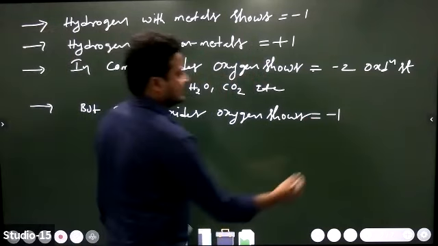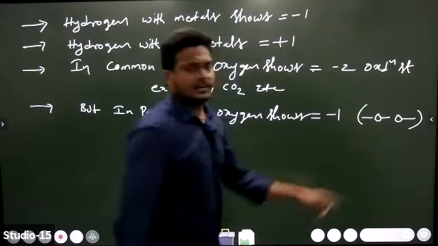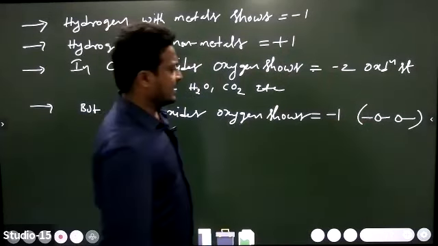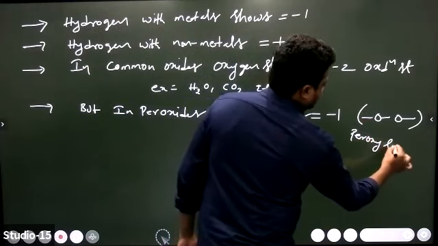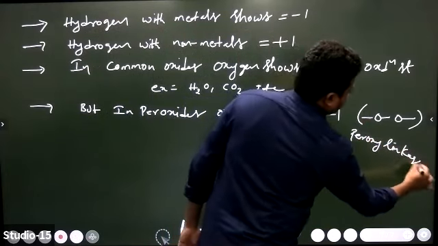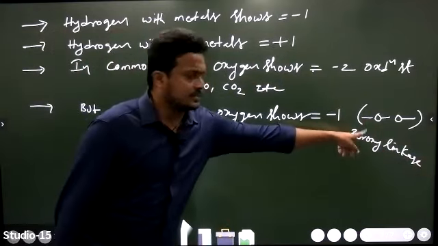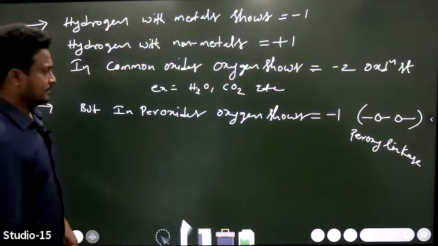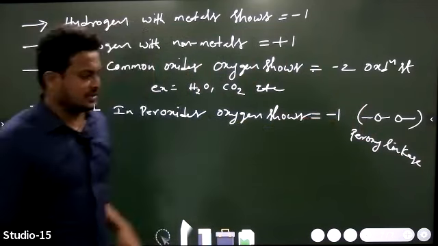What is peroxy linkage? If two oxygen atoms are directly linked together, then it is said to be peroxy linkage. In the case of peroxides, oxygen shows -1 oxidation state.